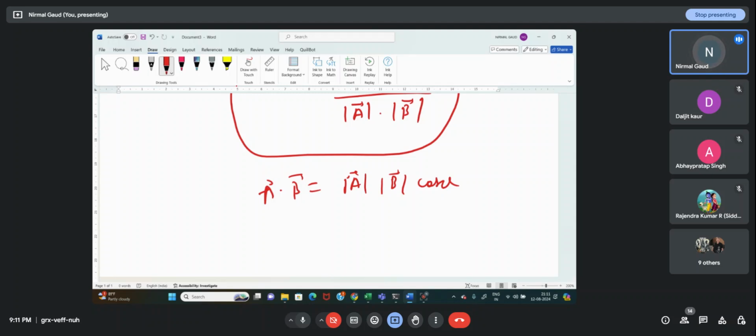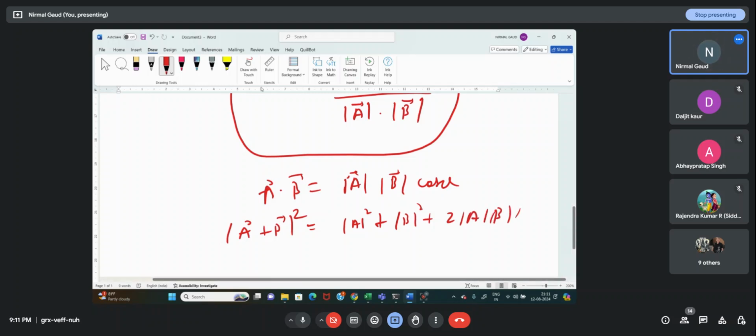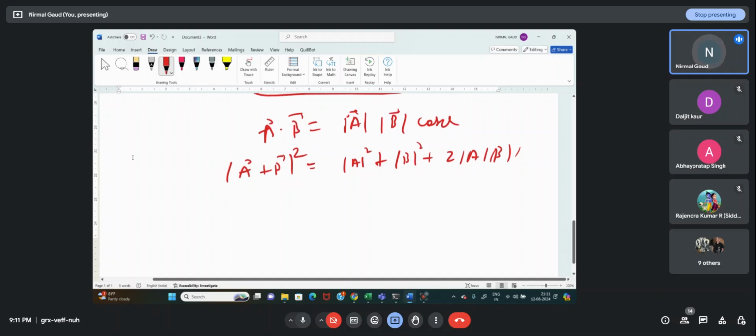Okay, and if you apply the property of (A vector plus B vector) whole square, so A square plus B square plus 2ab, meaning 2ab, okay, don't take the magnitude, boss, don't take the magnitude. This is a dot product. 2ab, it's a dot product.